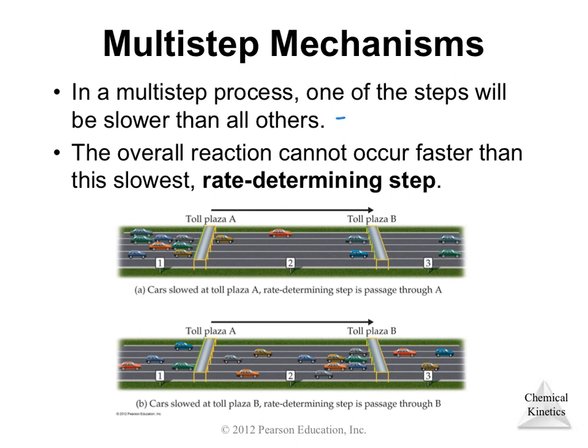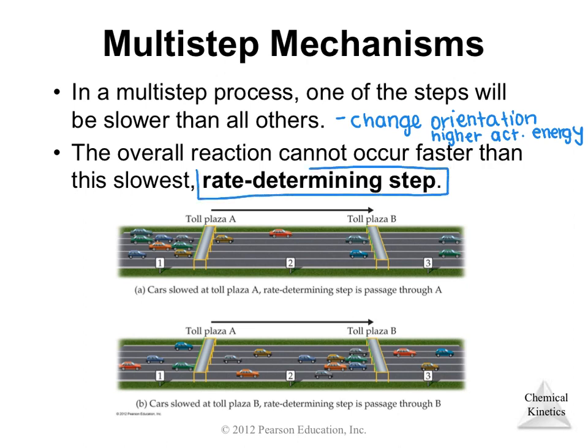So either it has a higher molecularity, which is going to change that orientation factor, A, or maybe it has a higher activation energy. So there's something about that reaction that is making it slower than the other one. And so the overall reaction can't occur faster than that slowest step. So in a reaction, the slow step is called the rate determining step.